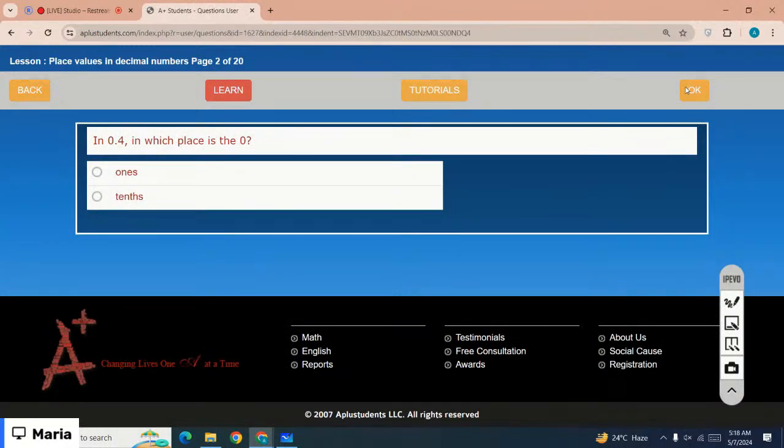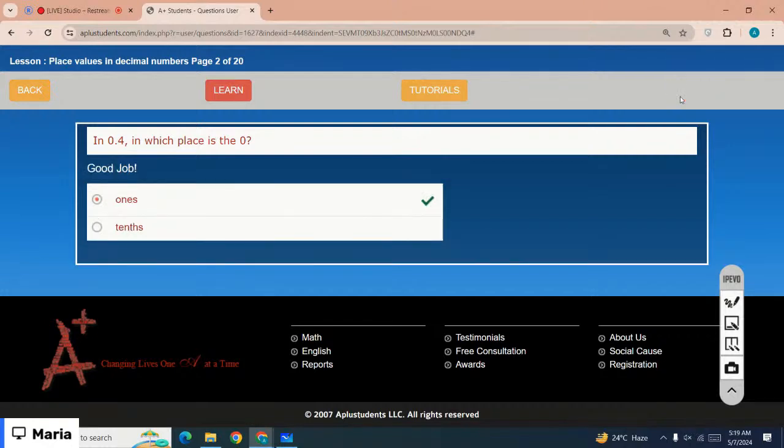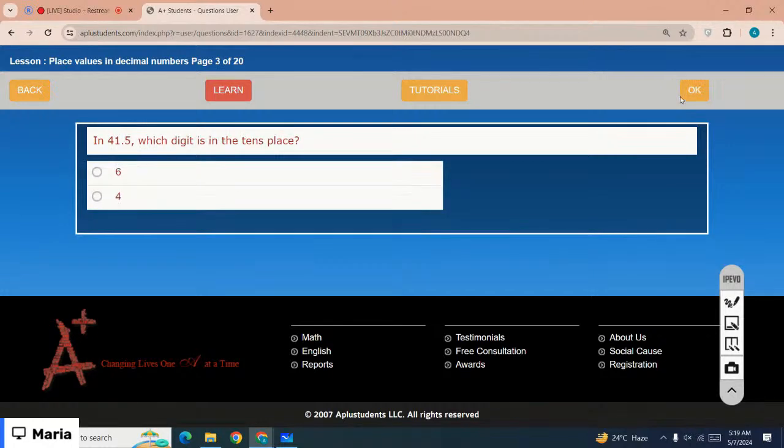In 0.4, in which place is the 0? Which is the correct option? Zero is at the ones position. The correct option is ones. In 41.5, which digit is at the tens place?